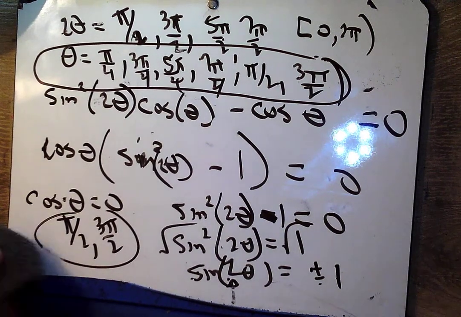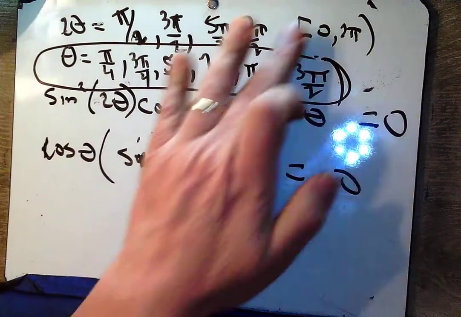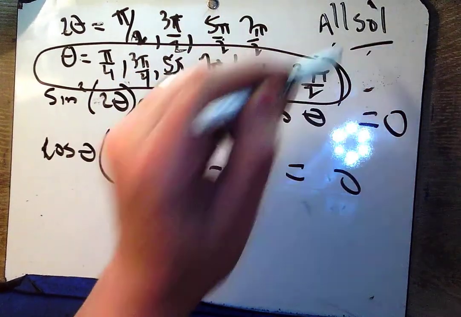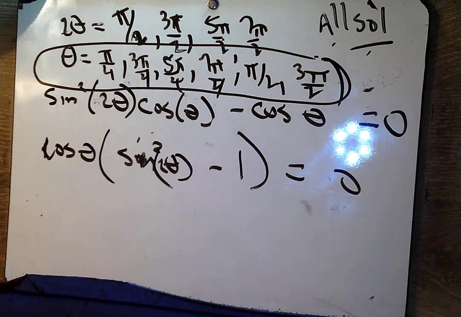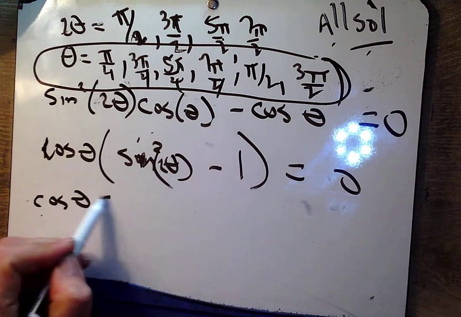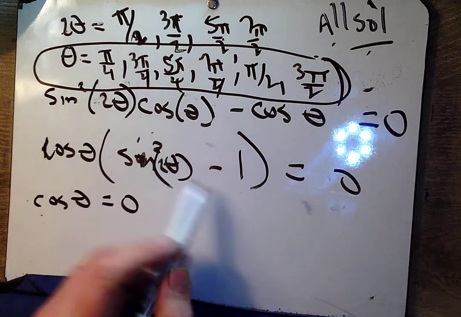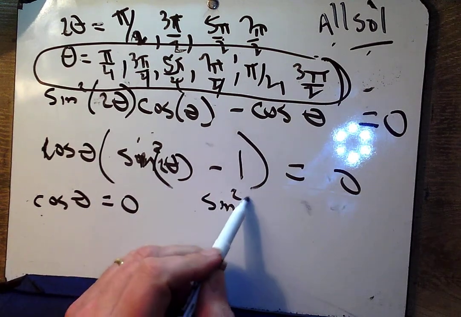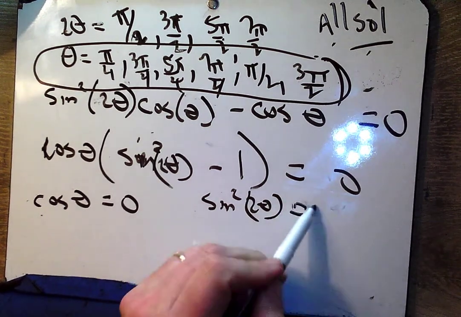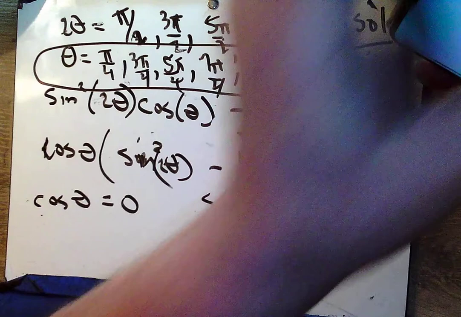But of course, I'd like to consider this problem for all solutions. So what can we say about all solutions here? Well, cosine theta equals 0, and we know that sine squared 2 theta minus 1 equals 0. If I add 1 to both sides, I get 1 there.